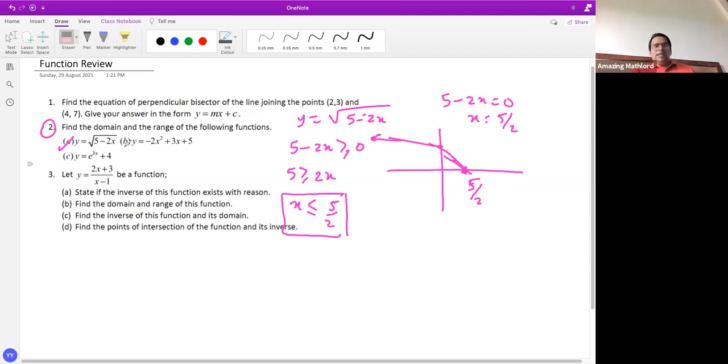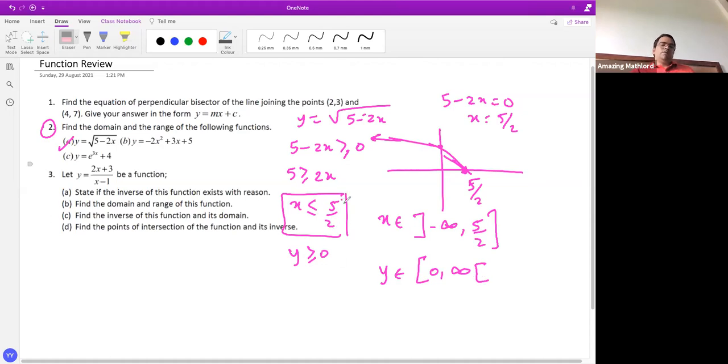So the domain is x less than or equal to 5 over 2, and the range is y greater than or equal to 0. And if it is required to write in interval notation, you write x belongs to negative infinity to 5 over 2 closed, and the range is y belongs to 0 to positive infinity, and infinity is never included, so that's why you have to keep it open.